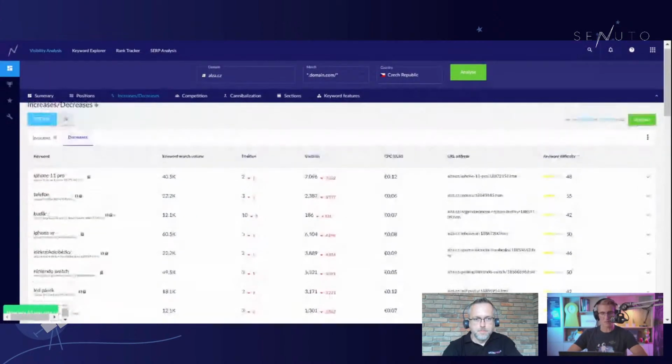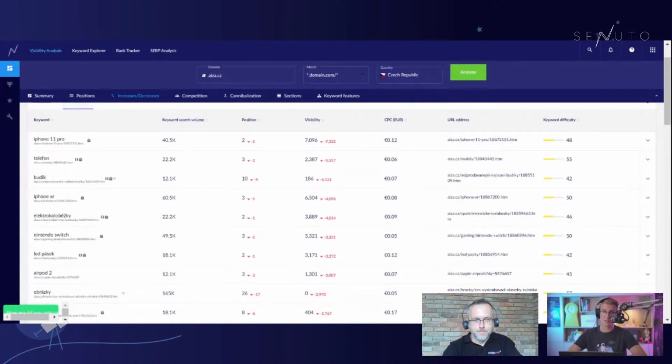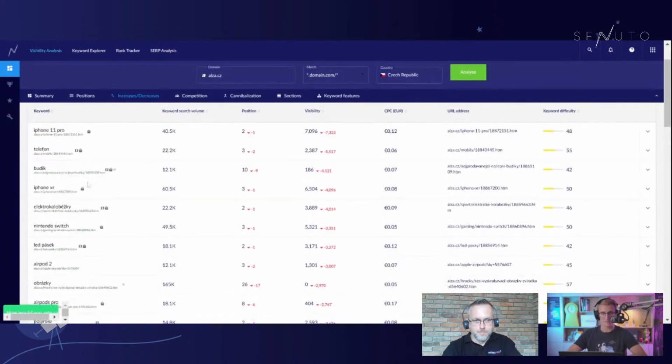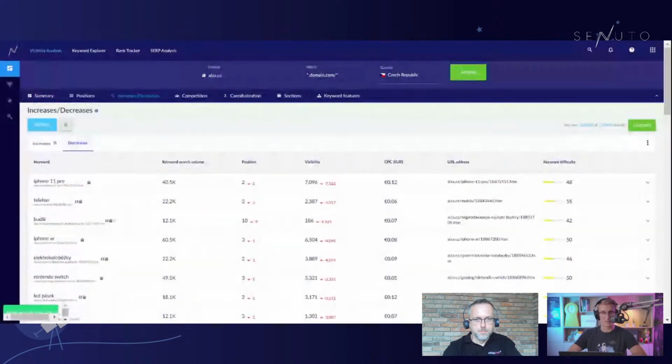So for example, if I'm the producer of iPhone, okay, this is maybe my imagination, but if I'm selling something on ALZA, I can check here why my products are not selling so well on alza.pl, because right now, from the strategy point of view and from the keyword point of view, it is decreasing very, very high.